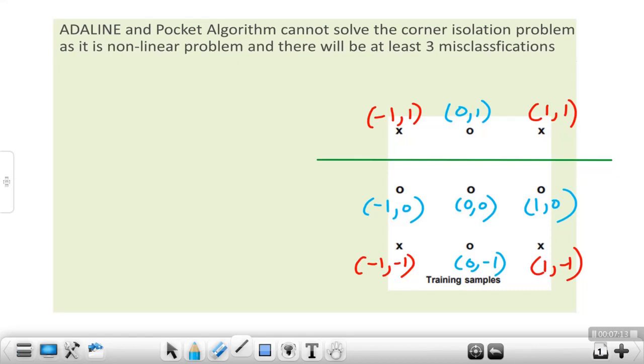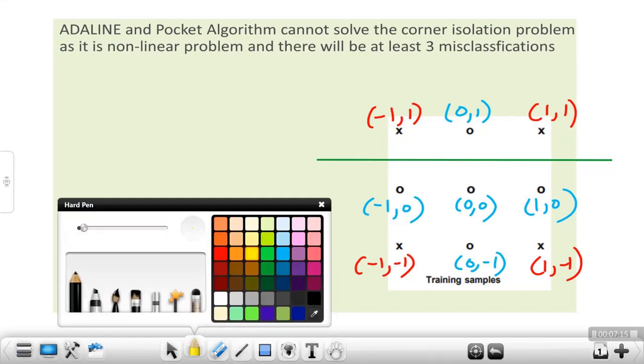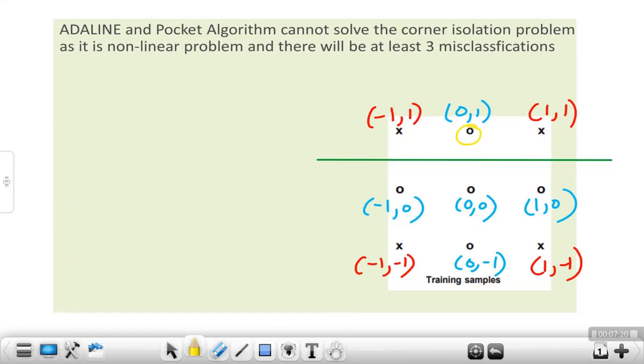If we use a particular line to separate, and this line is developed using the Adaline algorithm or the pocket algorithm, say this is a line which I draw here, this line will not be able to separate all the patterns. All the class 2 samples are on one side except for this particular sample, so this side I can say is class 2, because the majority of the samples belong to class 2.